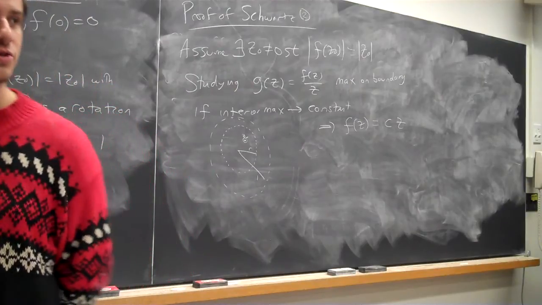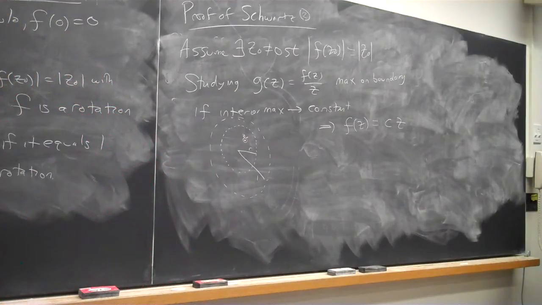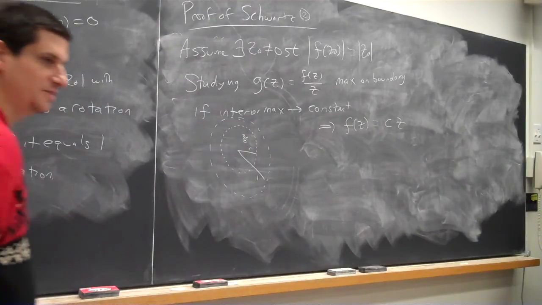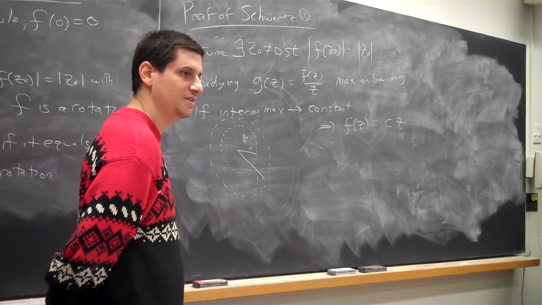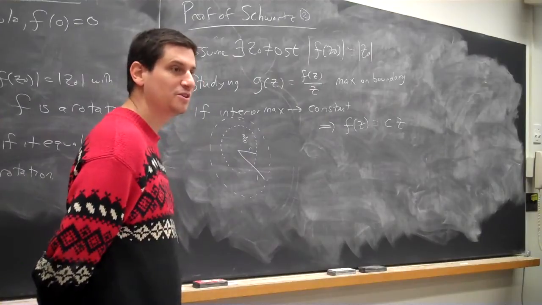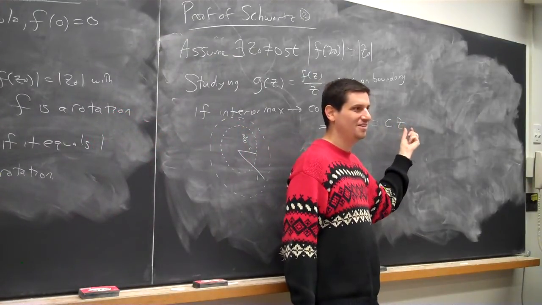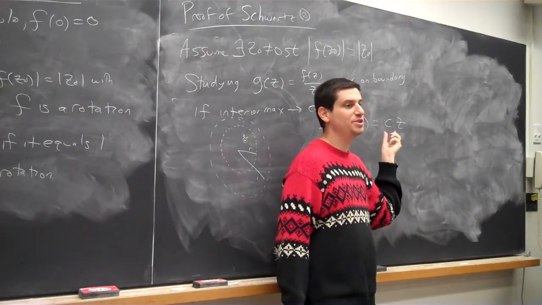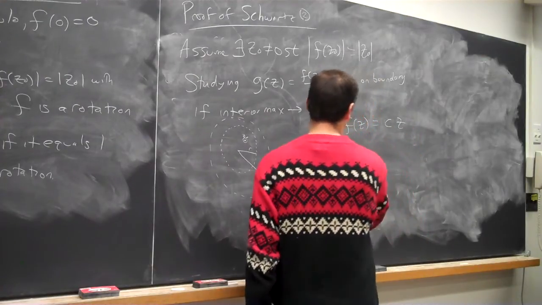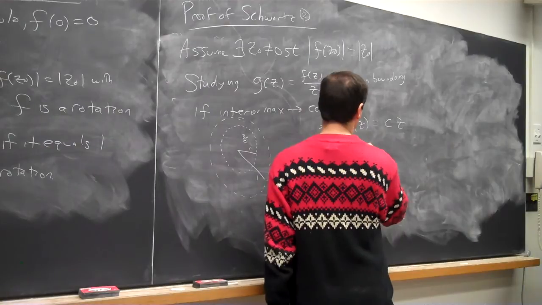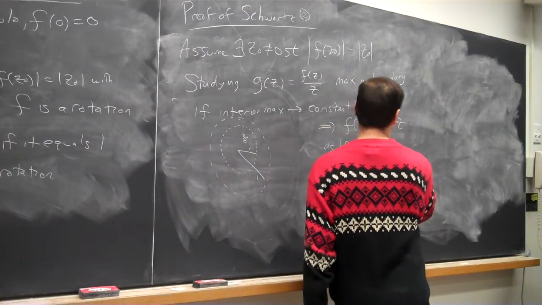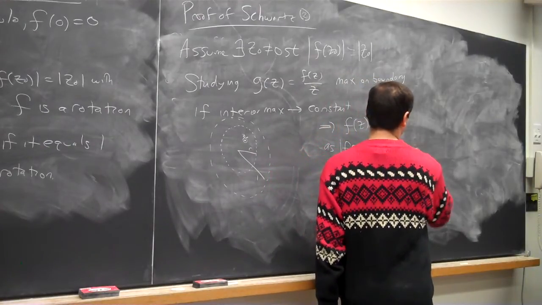Okay, what can you deduce about the value of this constant? It has magnitude 1, right? The absolute value of c has to be 1 because we can plug in the point z0. The absolute value of f(z0) equals |z0|, which does not equal 0.